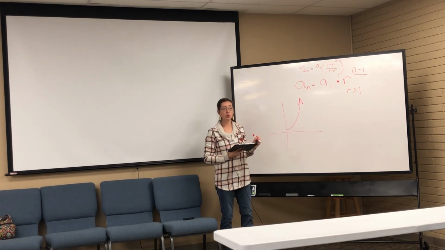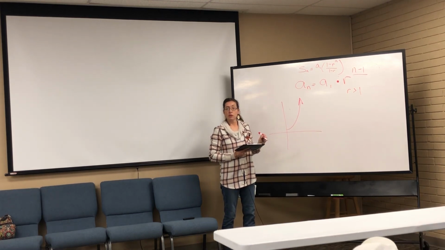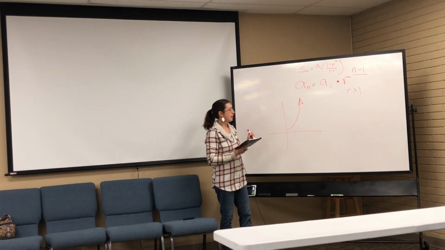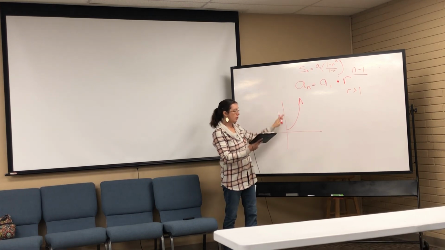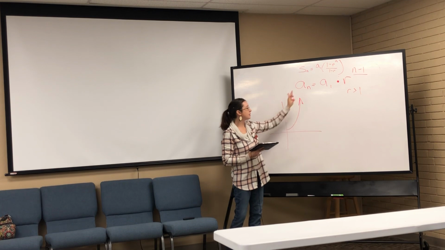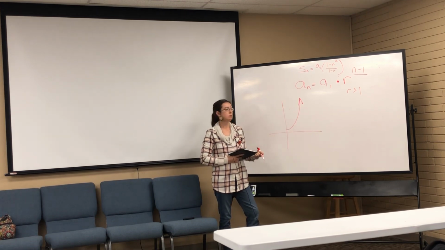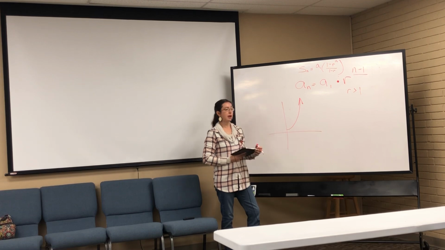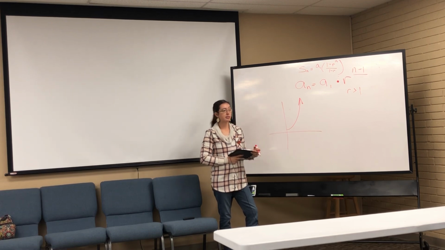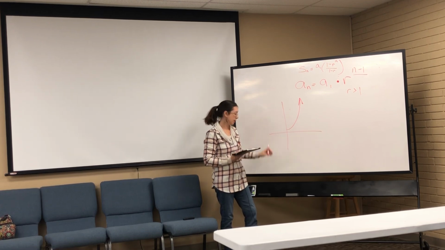That's from our exponential growth chapter. If it's greater than 1 and every term is always getting bigger, are we ever going to be able to add that up? No. You will not be able to have a sum for an infinite series when your growth is greater than 1.